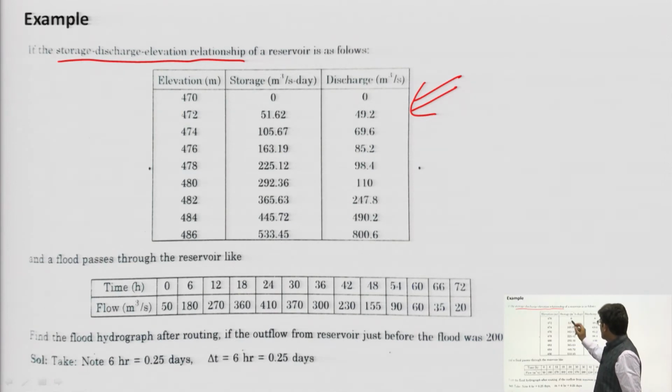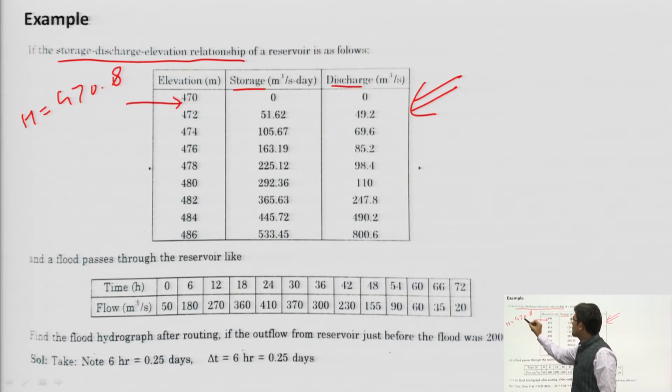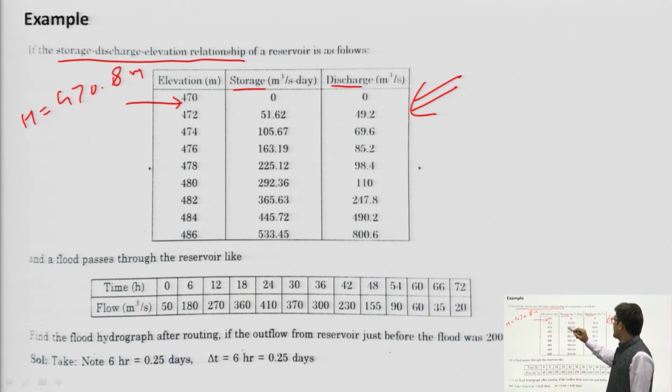And here storage is a function of H, elevation, and discharge is also a function of H. So, at different elevations, say if H is equal to 470.8 meter, if we need to calculate the storage, then it will be less than 51.62.